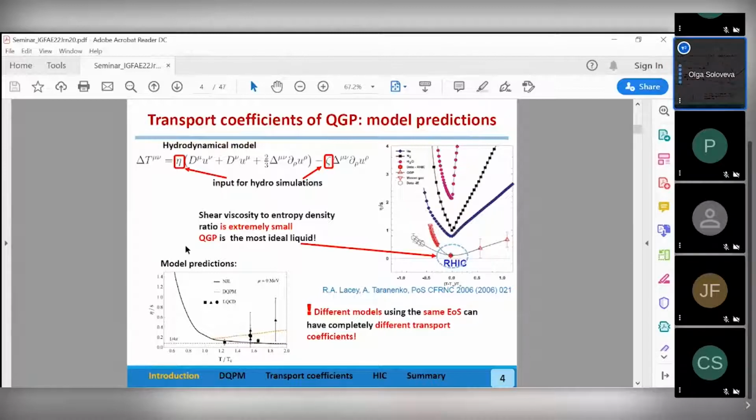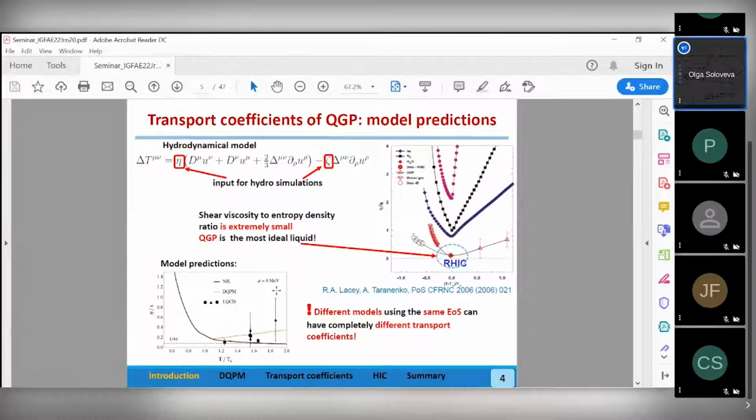So here, for example, are model predictions for NJL and for our model, DQPM, and in the region after the phase transition, the temperature dependence of the shear viscosity is very different for these two models. And this is only for mu equals 0. For non-zero mu, maybe the differences are larger.